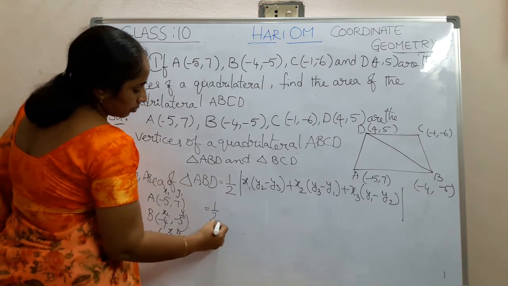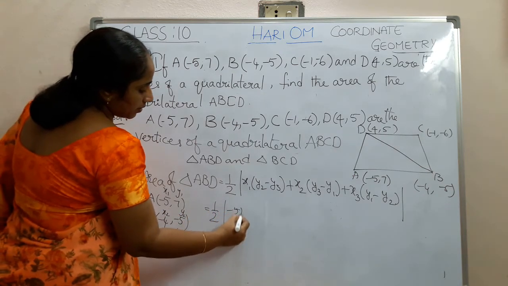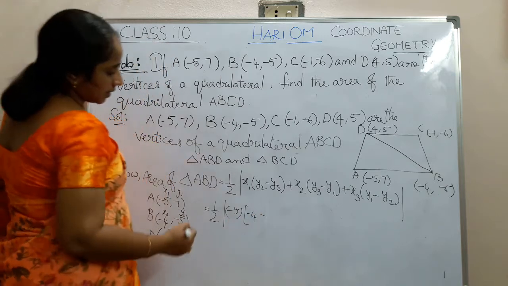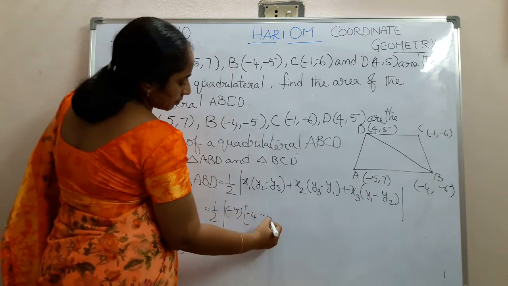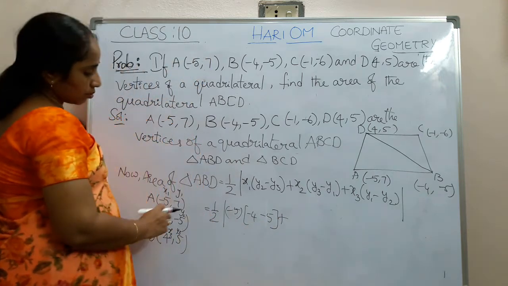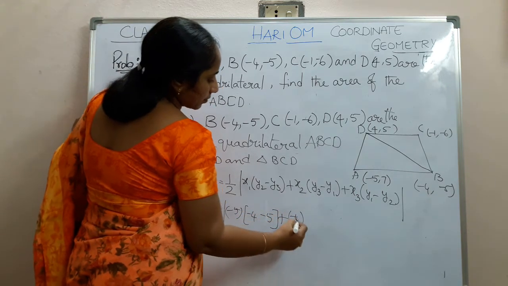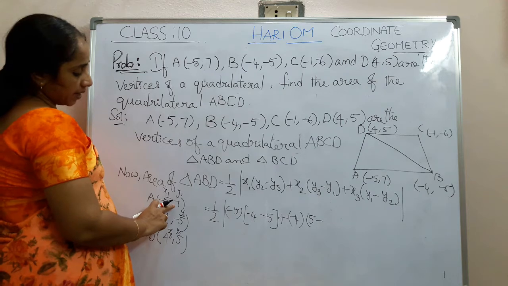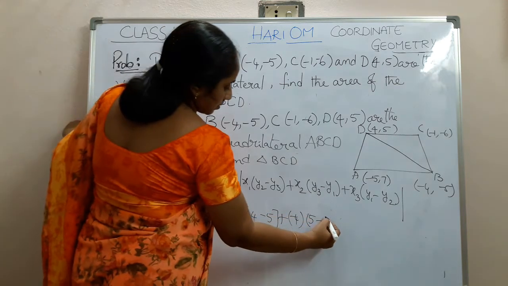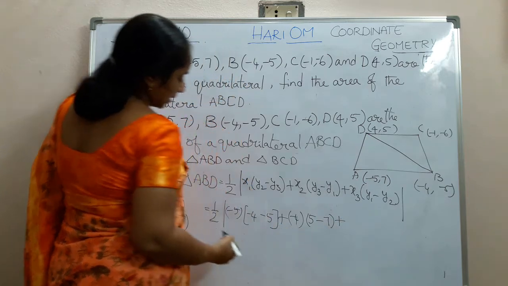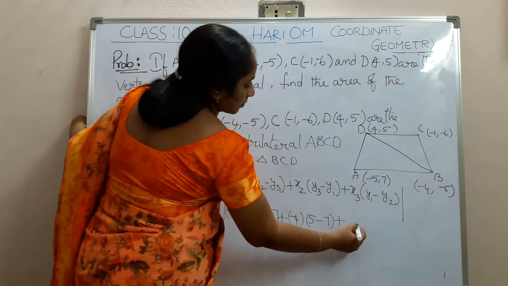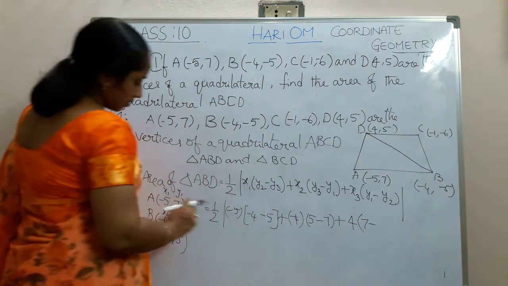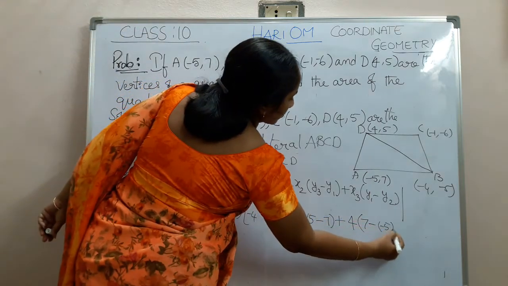It is 1 by 2, x1 minus 5 into y2 minus 5 minus y3 5, plus x2 minus 4 into y3 5 minus y1 7, plus x3 4 into y1 7 minus of minus 5.